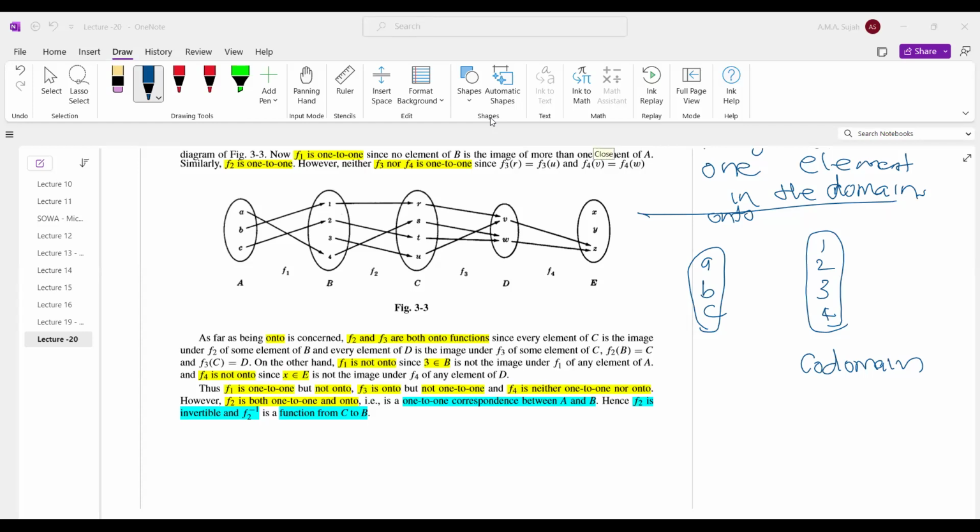Images and elements are not the same. Image, in the sense that if they have a relation, those elements we can call images. So the elements and images are not exactly the same. The entire set we can call elements. Here, 1, 2, 3, 4, just look at the previous case.